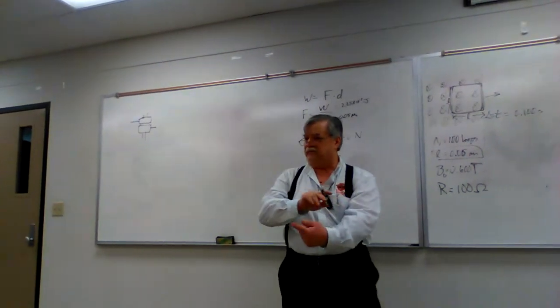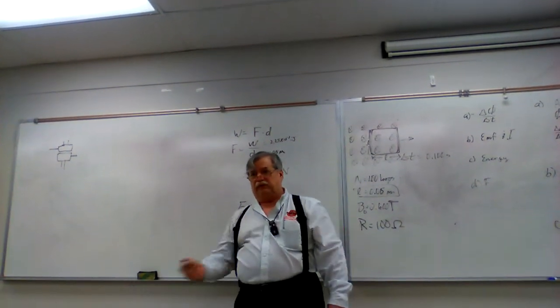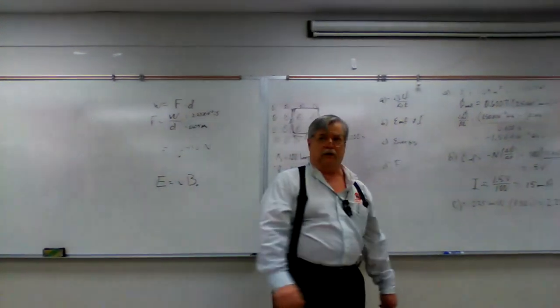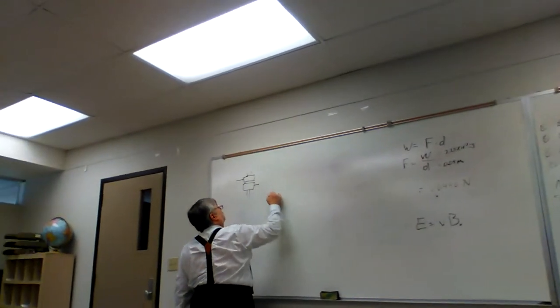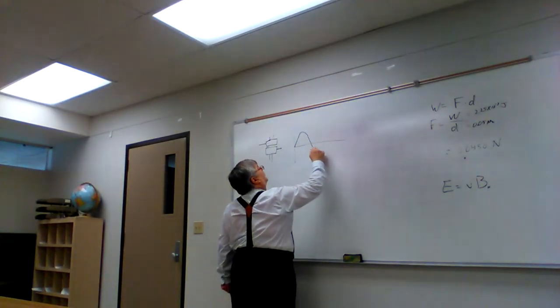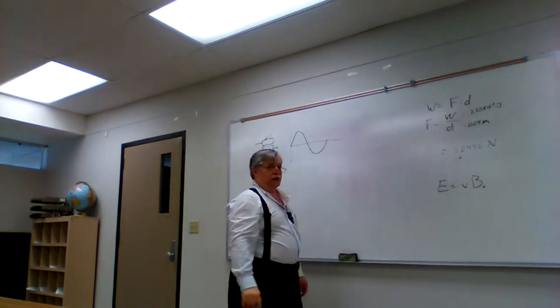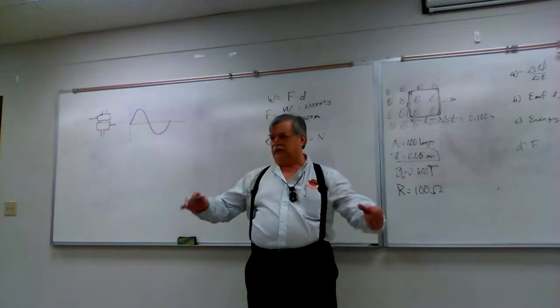But in the second half of the cycle, the two swap and it produces current in the other direction. And you end up with an AC generator. So if you plot the current as a function of time, it literally makes a sine wave, assuming you can do it all consistently and steadily enough.